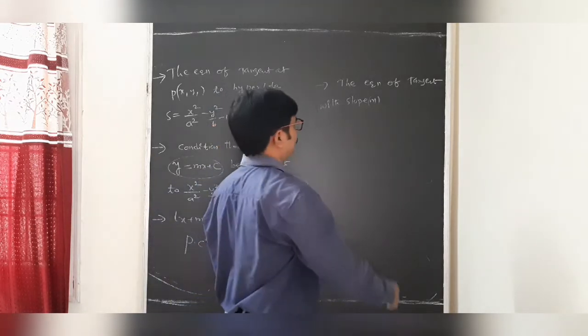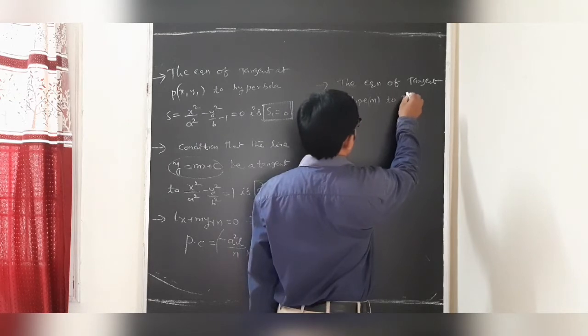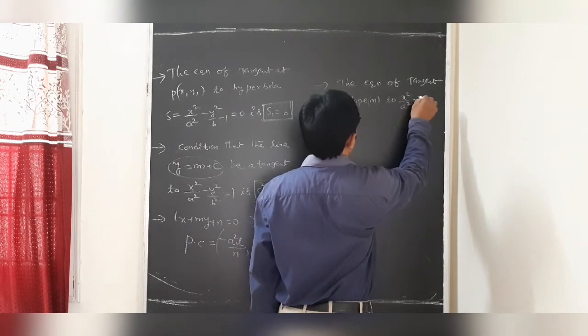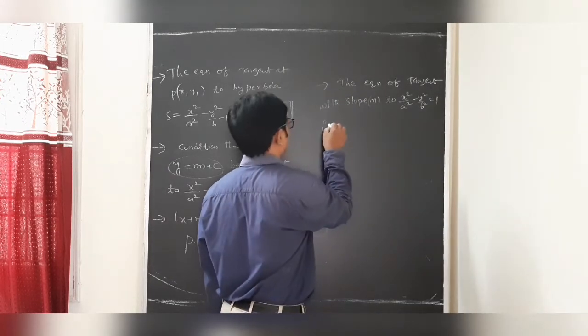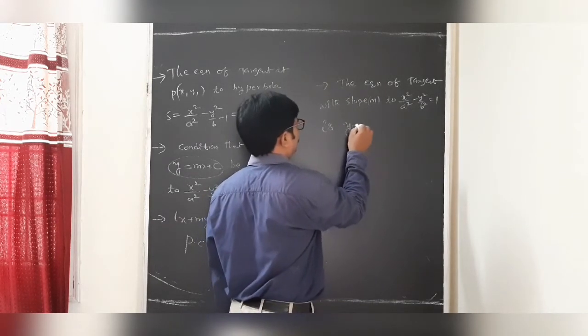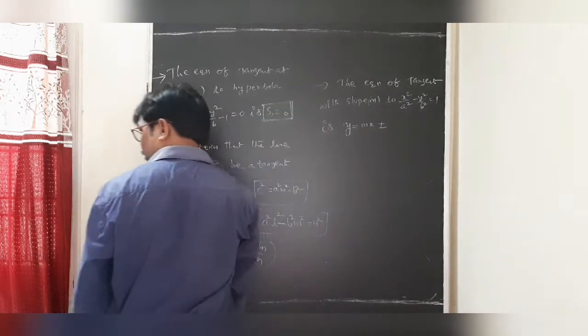The equation of the tangent with slope m to the hyperbola x square by a square minus y square by b square equal to 1 is y equal to mx plus c. What is the c, students?